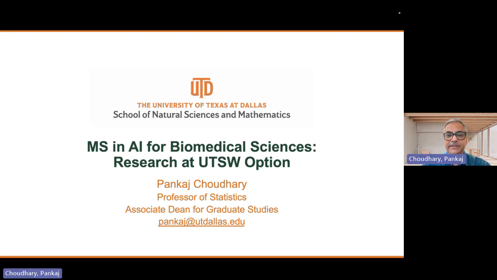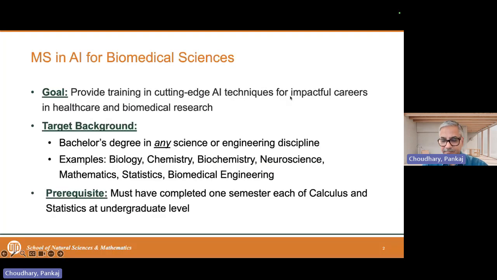This program is a brand new program. It started just this fall, in fall 2025, and the goal of this program is to provide training in cutting edge AI techniques, so that you can use these techniques for very impactful careers in the healthcare and biomedical research realm.